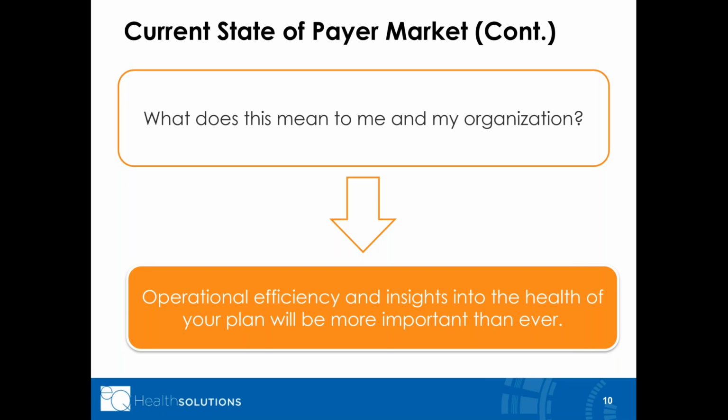Just talking a little bit about operational efficiencies. Operationally, as a program administrator, looking at the data is really going to give me insight into what care management or medical management programs are most needed for my population, and which programs I'm currently utilizing are the most effective.